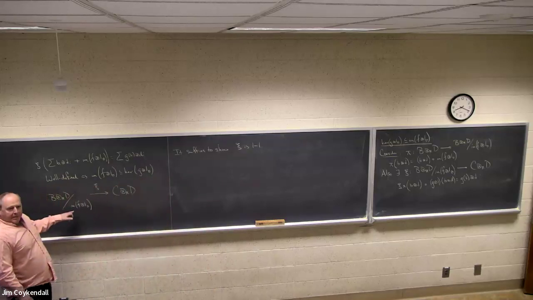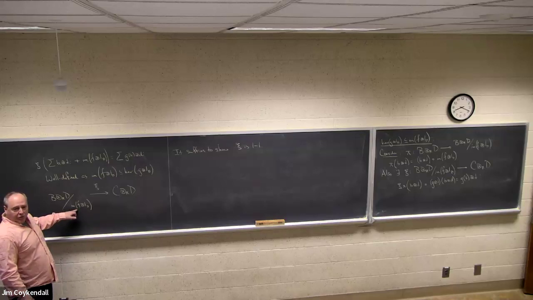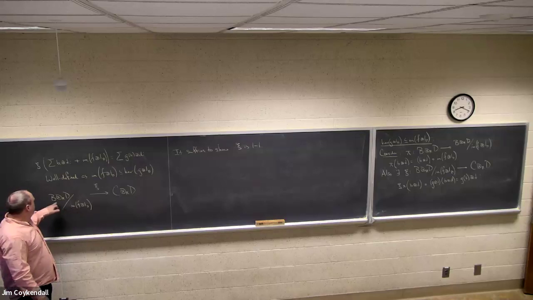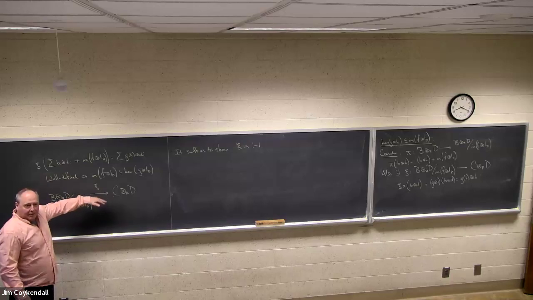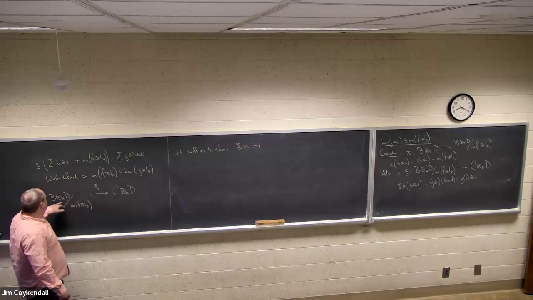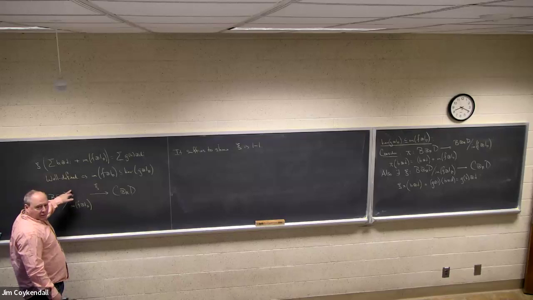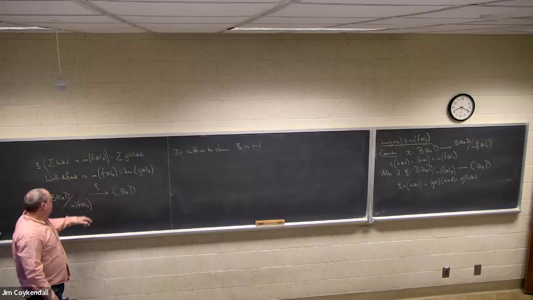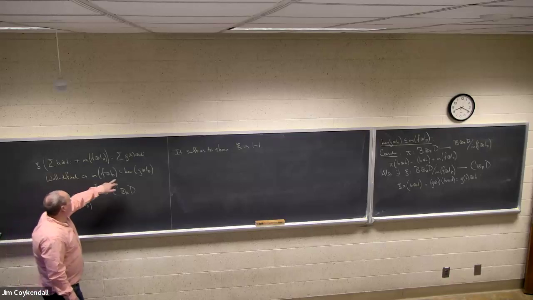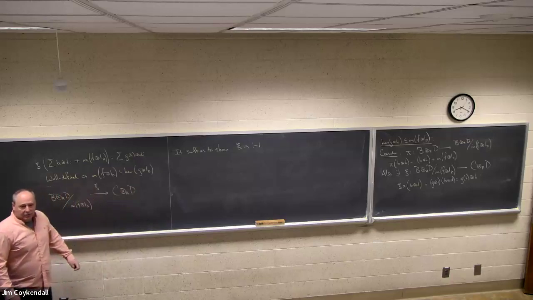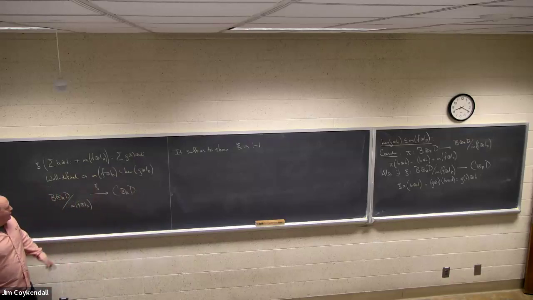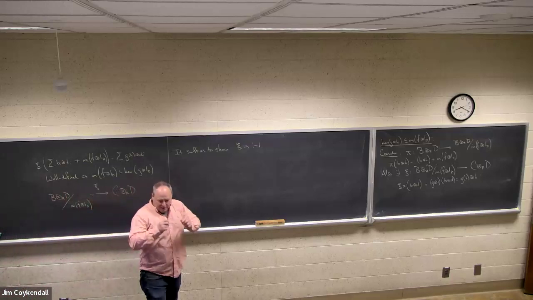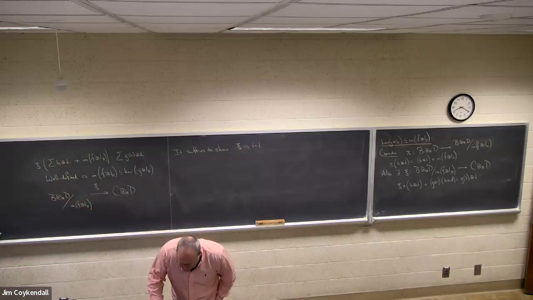Because remember, my ultimate goal is to show that this is equal to the kernel of g tensor one. Now, the kernel of g tensor one is a submodule of this, right? Everything in the image is killed by this map, because this is a zero thing. So if you have equality between the kernel and the image, that'll make this one-to-one. And if this is one-to-one, because of the way this is defined, that means the kernel actually equals the image. Everybody cool with that?